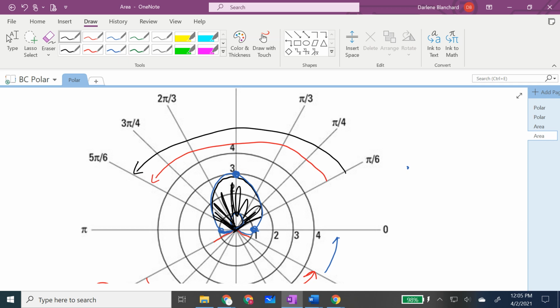On the AP, would they give us the picture graph? Yeah, they pretty much always give you the graph. I have noticed that they don't seem to expect you to know the polar family of graphs. You're better off if you do know them.